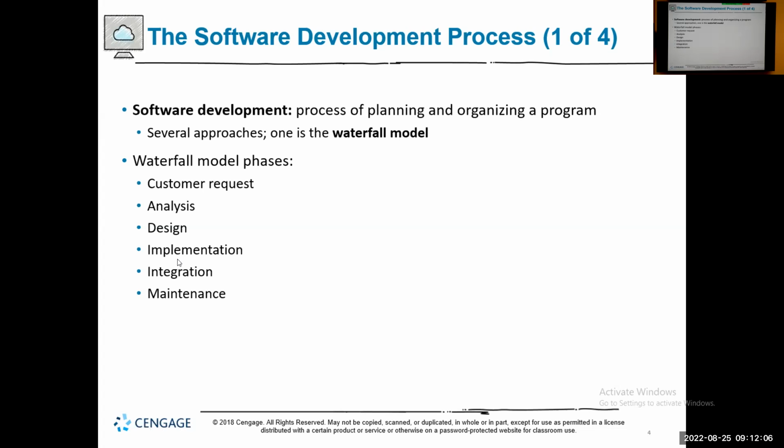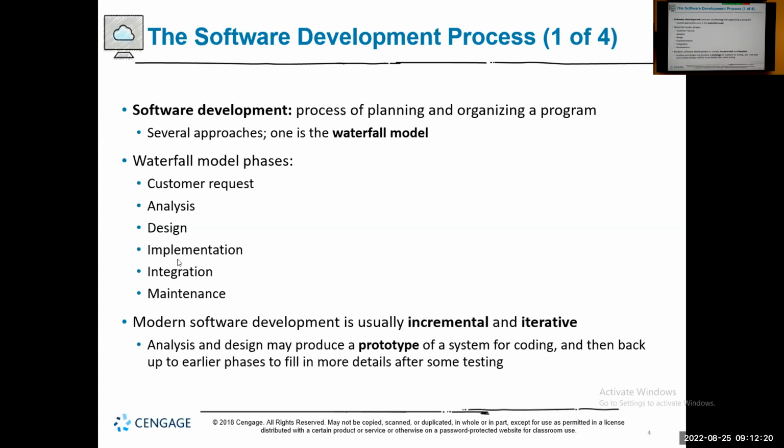Sometimes they call it the software development life cycle. That means you can go back to any step to fix it here. If something goes wrong, right, you go back to the previous step to fix it. Normally for the software development model, it is usually incremental and iterative. That means you can fix every small step and go back anytime to fix it here.